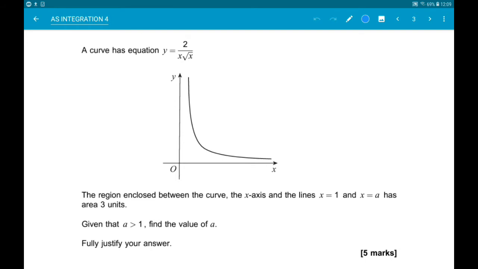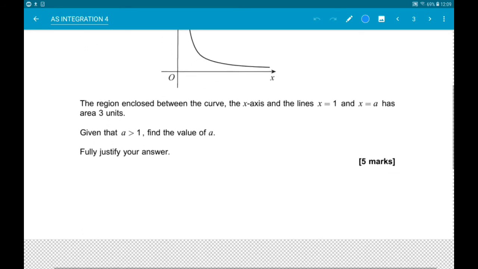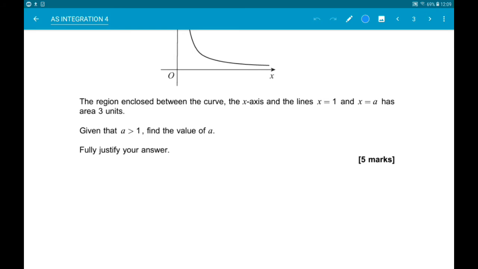Okay, so we know that area is the integral of the curve between the two limits. So let's integrate. So 2 over x root x is 2 over x to the 3 halves, or 2x to the minus 3 halves.